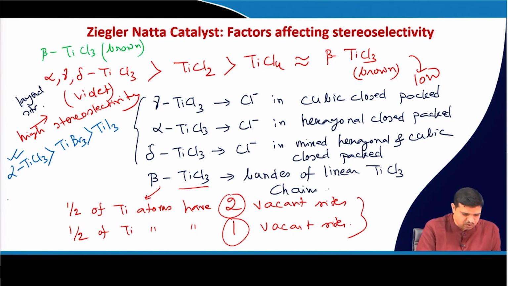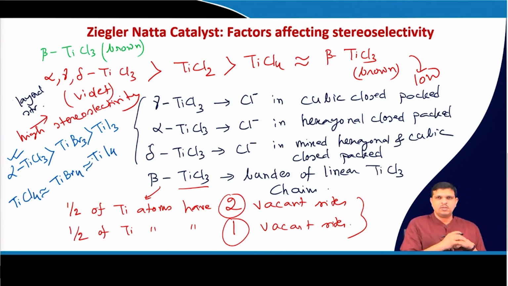Okay, and also similar for TiI4, it is almost similar for all the cases. So this information is very much needed, otherwise we will choose the wrong catalytic system if I want to target particular polymers.